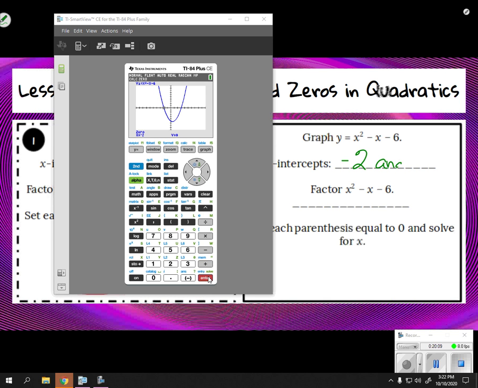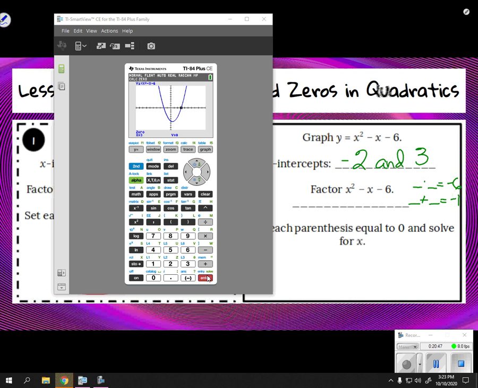Then I also have second trace 2, and I want to be left of my point, which I am, and I want to go right past it, and there I have 3. So -2 and 3. All right, let's try factoring it. Let's find two numbers that multiply to give us -6 and add to give us -1.